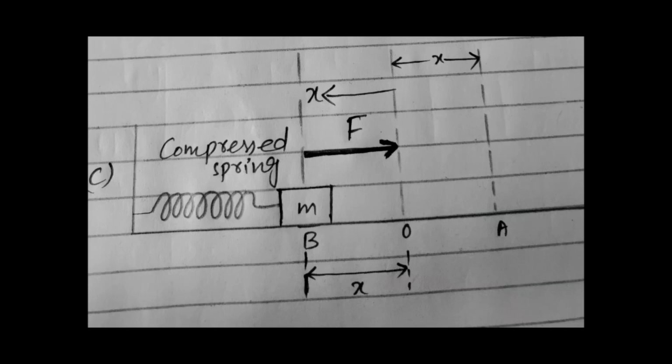The other case, in figure C, is that we disturb the spring by compressing it, which means the spring length decreases. Again the spring is not in its relaxed state, it is disturbed now, and the spring covers displacement x again from position O to position B. Here the mass m moves from position O to position B, and there is a decrease in the length of the spring compared to the original spring.